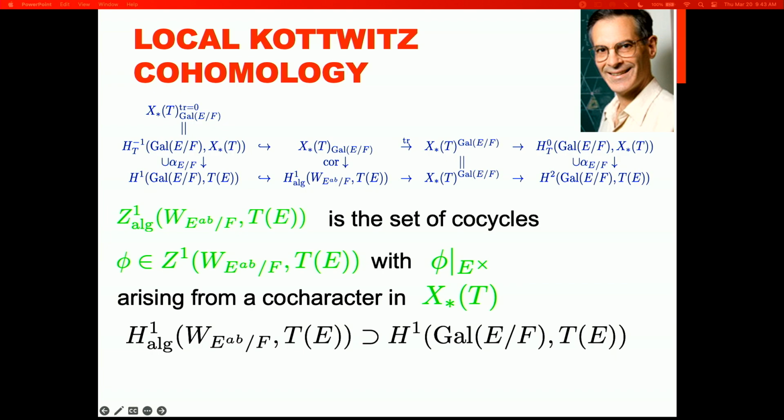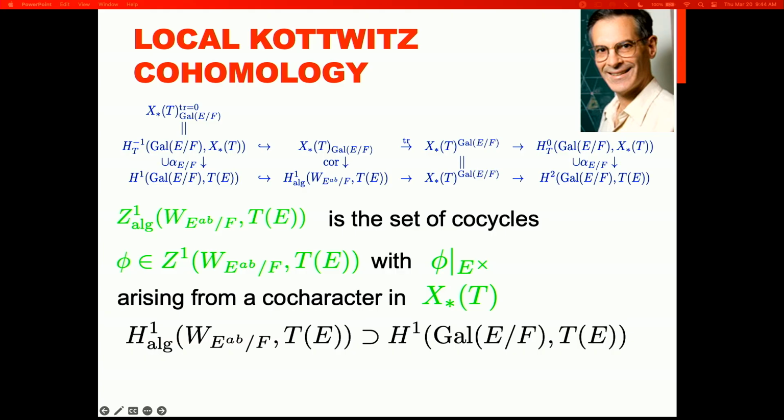Now, there's a natural map here, because if I took E equals F, then all I need is the action of E cross. So the H1 algebraic of W E ab over E becomes just the cocharacter group. And then there's a natural corestriction map from here down to the more general case, the cohomology of the Weil group of E ab over F. And certainly this Tate H minus 1 sits inside here.